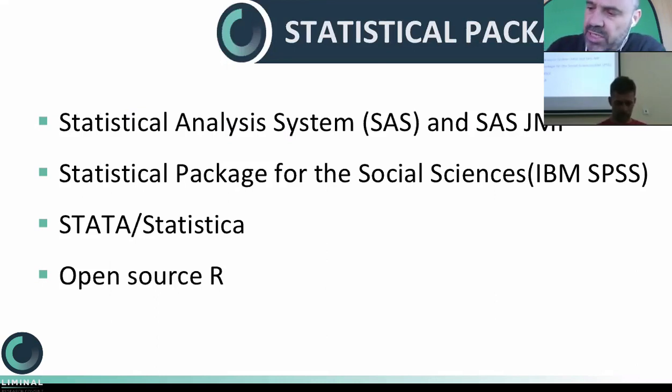Partial least squares regression, I think. But in R, for instance, you can just download a library for PLS and do it. If you want to do structural equation modeling in R, you download the lavaan library. In SPSS, you need an AMOS version to do structural equation modeling, for instance.